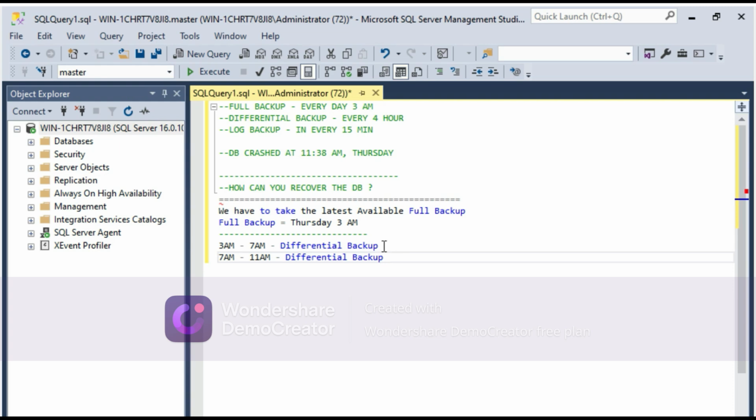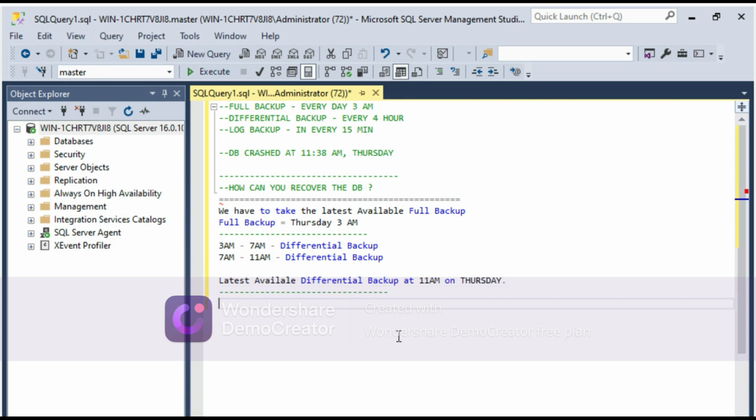So we have to take the latest available differential backup at 11 a.m. on the same day, Thursday.